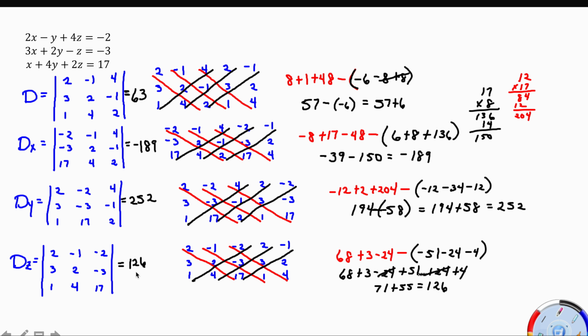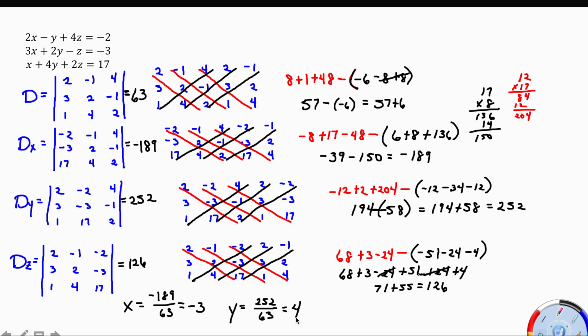Now, once we have all these values calculated, then x is d sub x over d, right? D sub x over d, or in this case, negative 3. Y is d sub y over 3. Or in this case, is that 4?